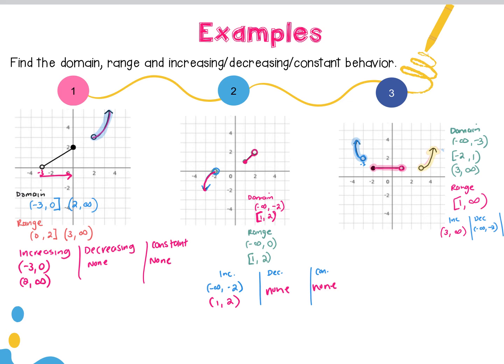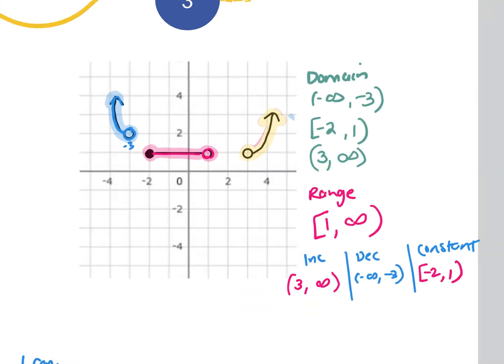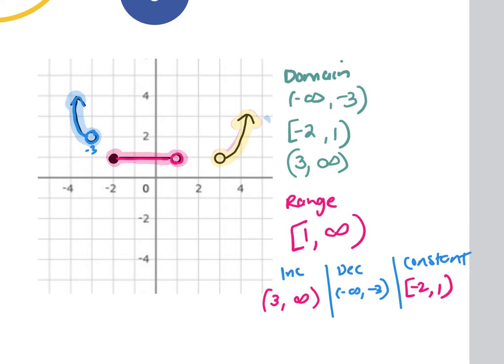Questions? Yeah. Okay. For the third one, how come for the range, like the first line, no part of it? Like this one? For the range, why is only the second and third line part of it?